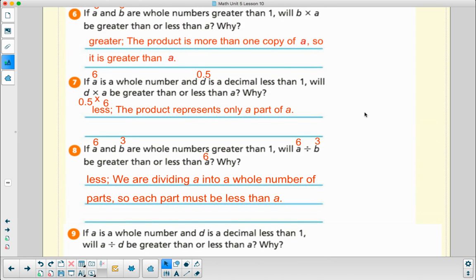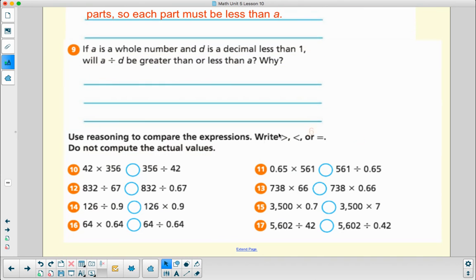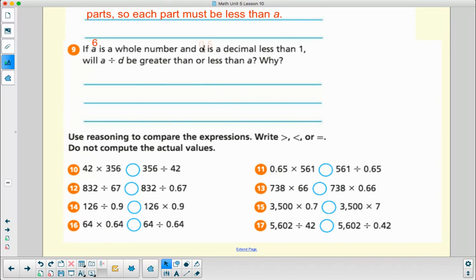So in this case, I have A, a whole number. So A is 6 again. And D is a decimal less than 1. So D can be our 5/10.